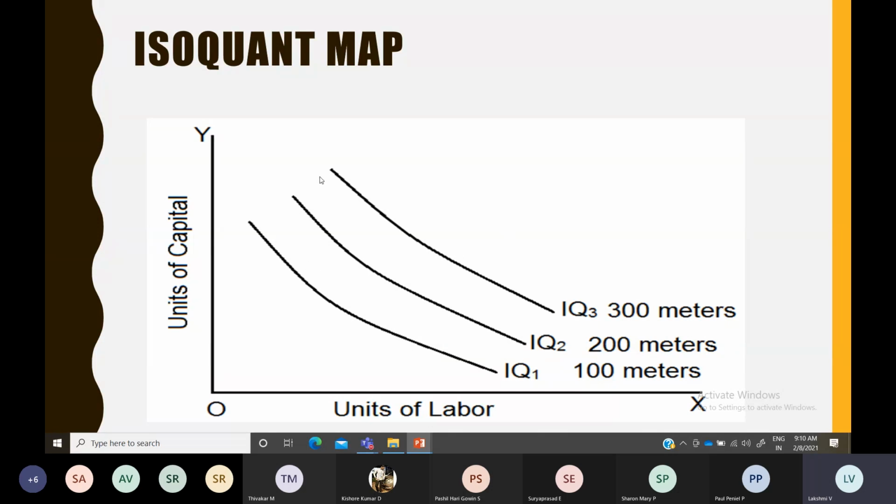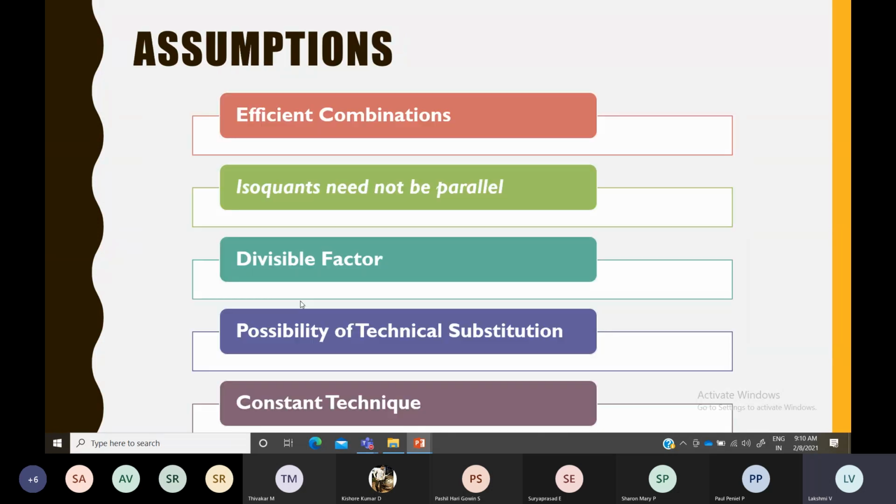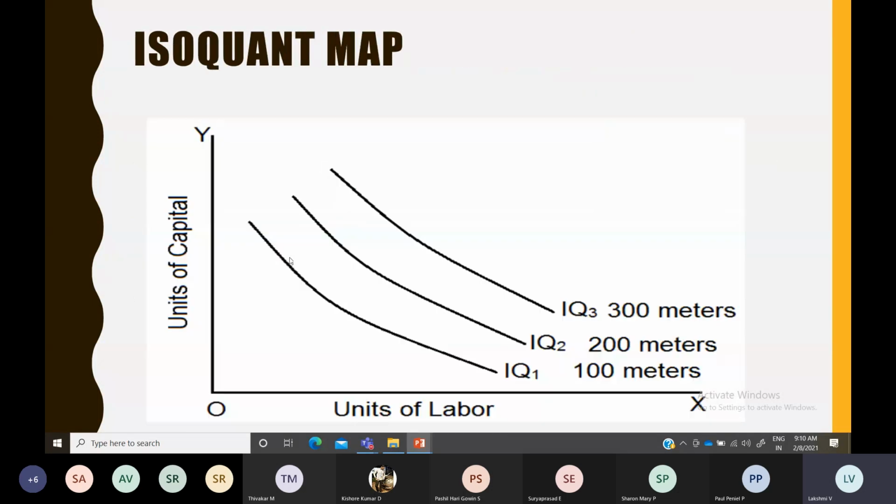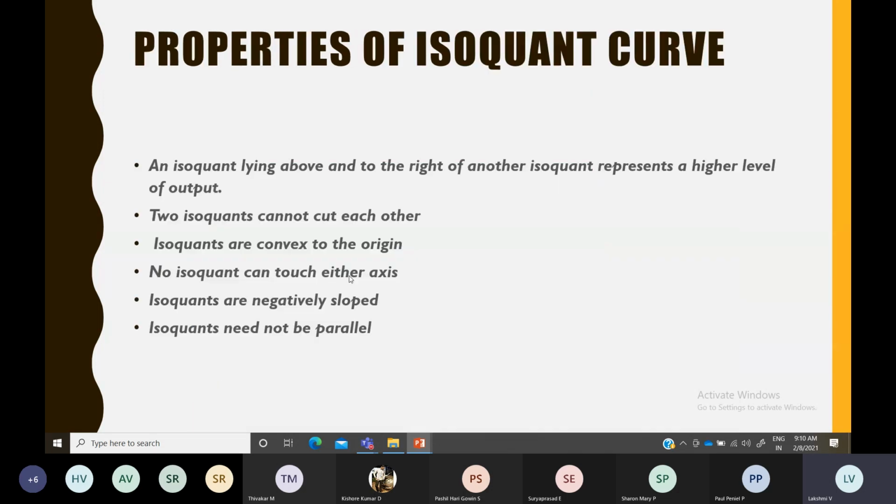Okay, and then they are convex to the origin. They are always negatively sloped from left to right, and they may not be parallel to each other also. So these are the properties of the isoquant curve.